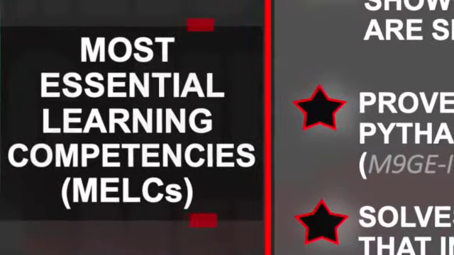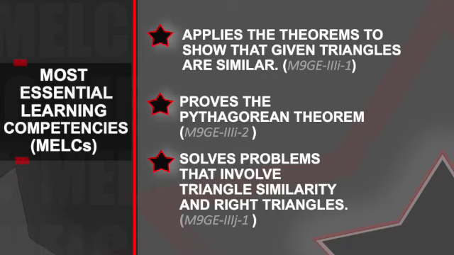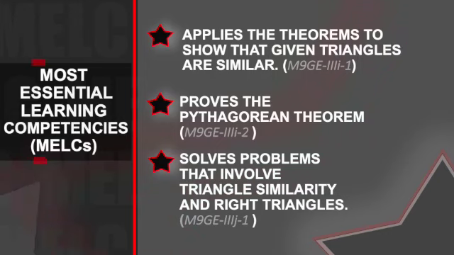The first one is applies the theorems to show that given triangles are similar. Second, proves the Pythagorean theorem. And the third, solves problems that involve triangle similarity and right triangles.